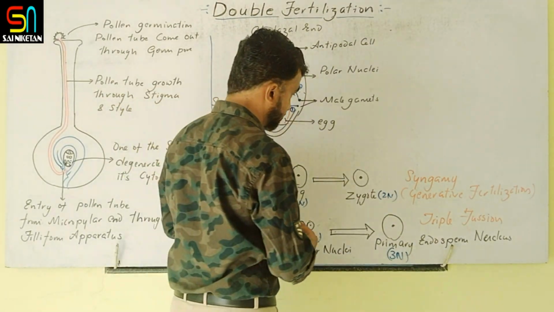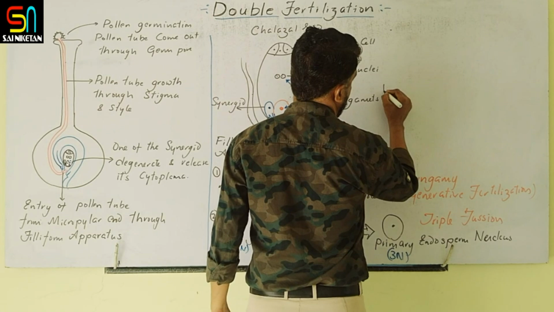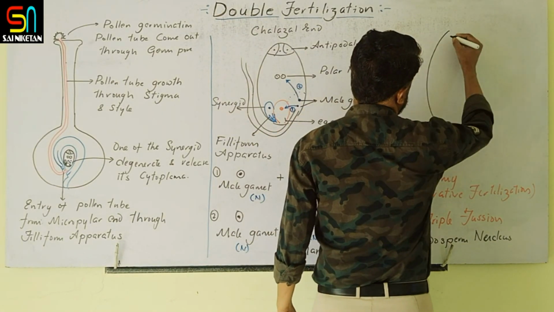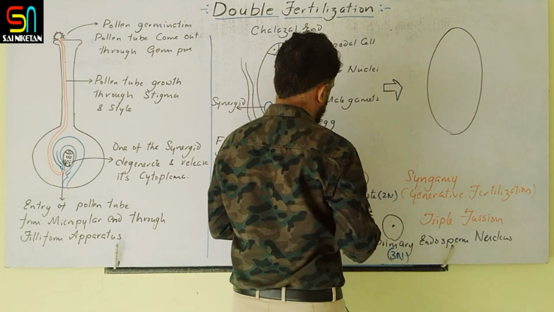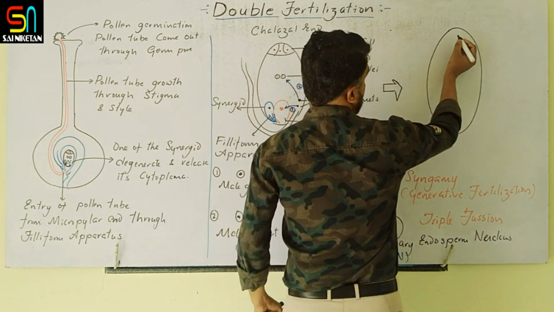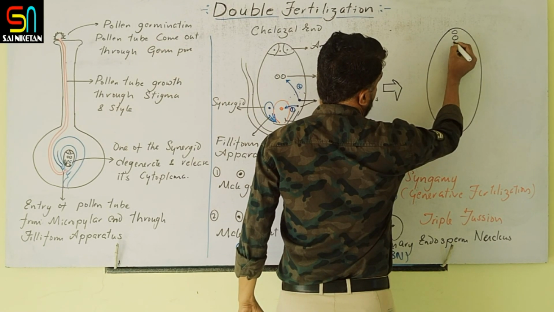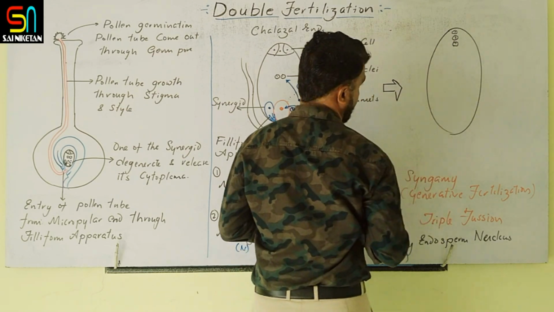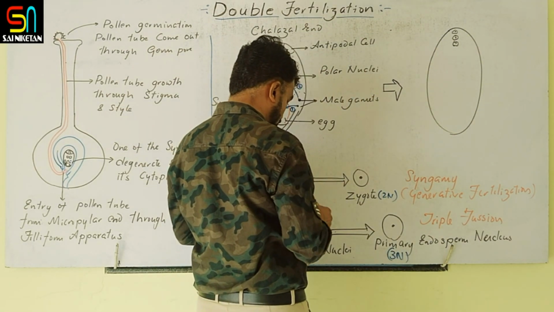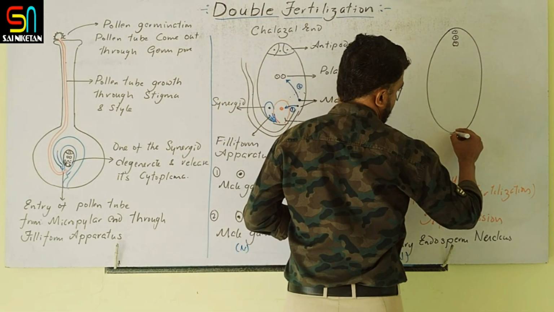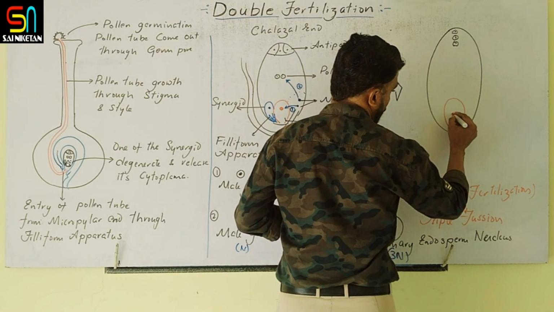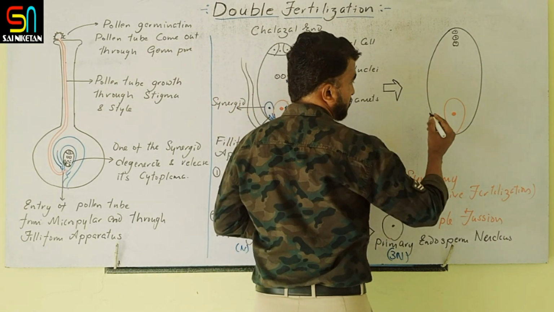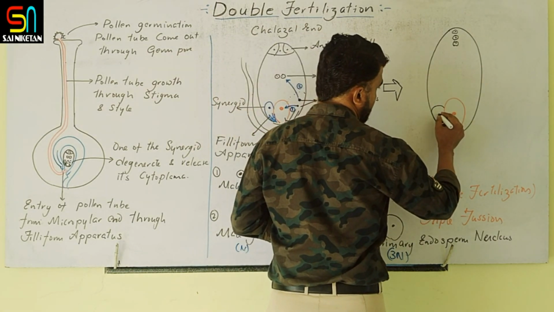So after fertilization, how does the embryo sac appear? This is the same embryo sac. Towards the chalazal end, three antipodal cells are there, and these are degenerated ones. Towards the micropylar end, this is the zygote, which is diploid in nature, and one synergid is degenerated, and this is another synergid.